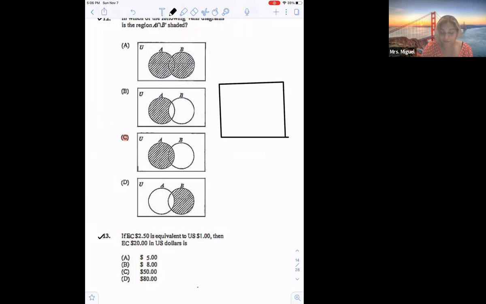This is my Venn diagram. I have two circles, A and B. According to my question, they want A intersect B complement.